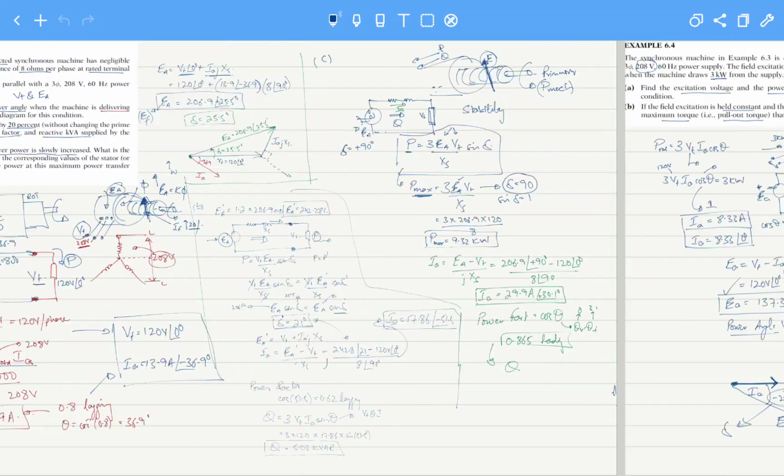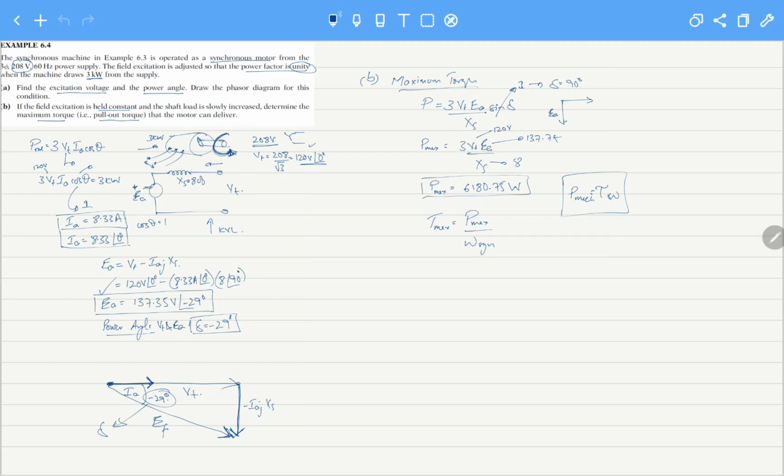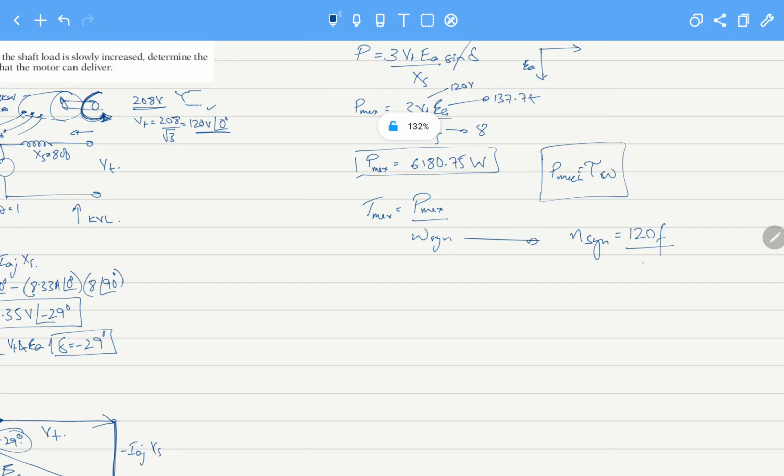The formula for synchronous speed is 120 F over P, where the frequency for our machine is given in the question as 60 hertz, and the machine has 4 poles. So N synchronous for our machine is 1800 RPM. This is the rated speed of our motor, that is the synchronous speed of our motor.